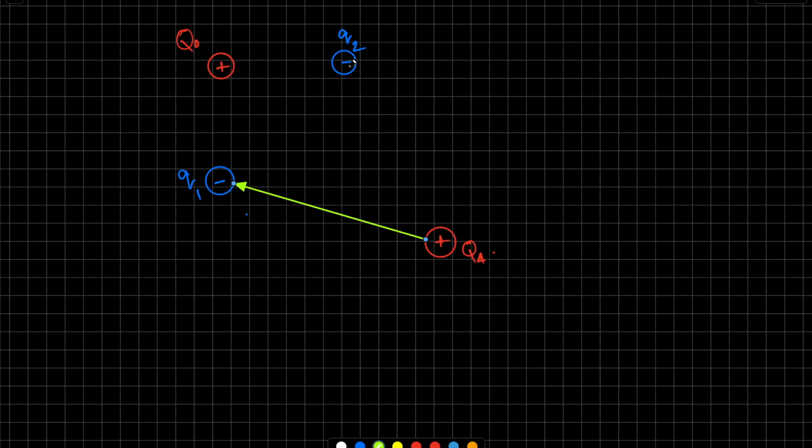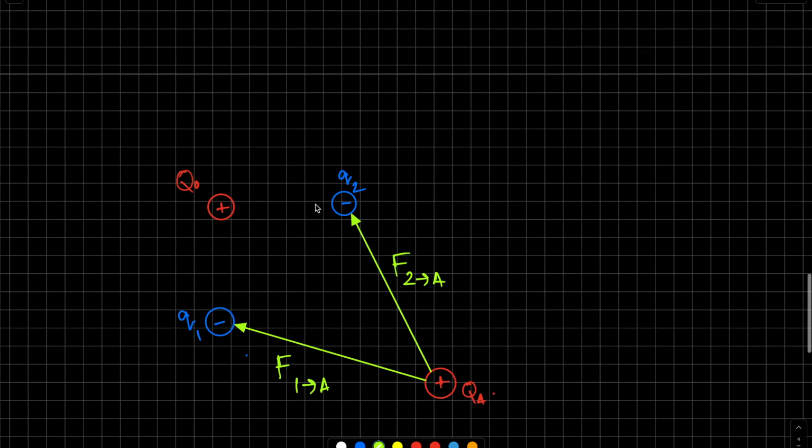And what about Q2? Again, Q2 is another negative charge, so Q2 will pull QA towards its side. So this is force by 1 on charge A, and this is force by charge 2 on charge A. So these are the directions of these forces. We already calculated the magnitudes.